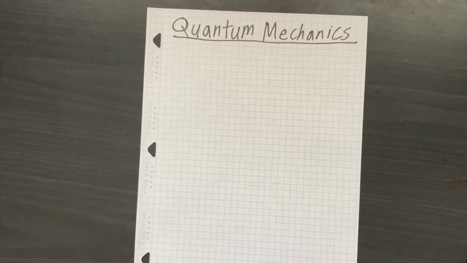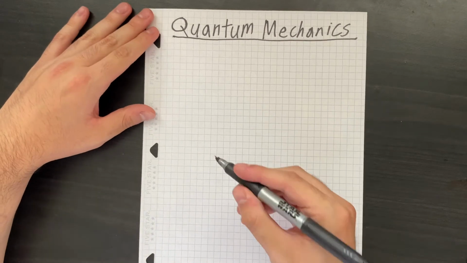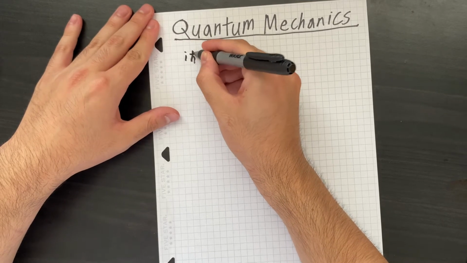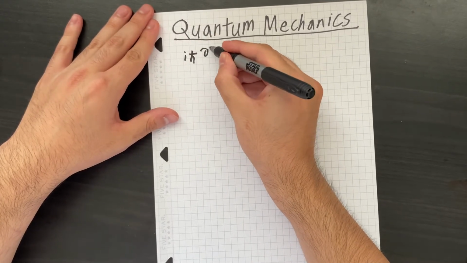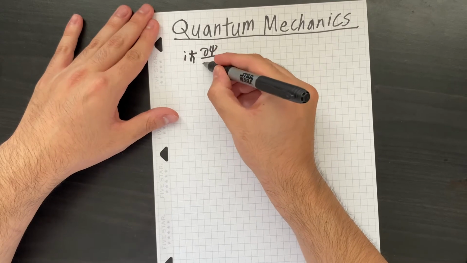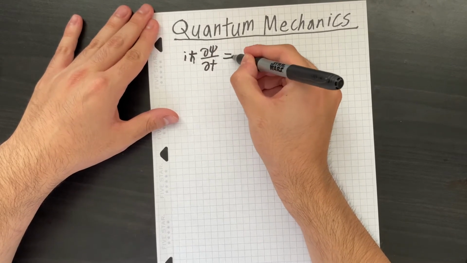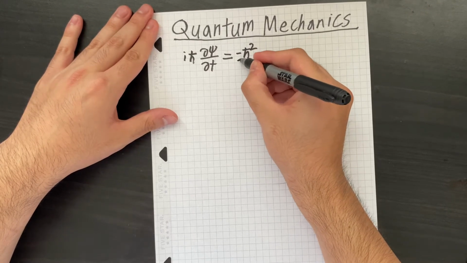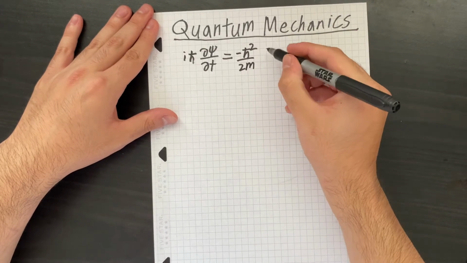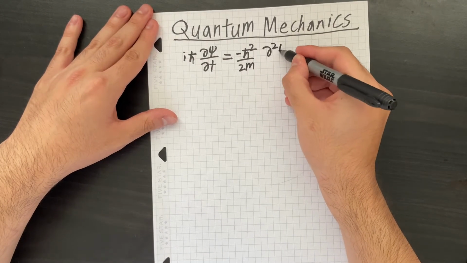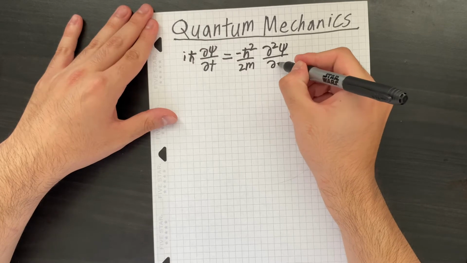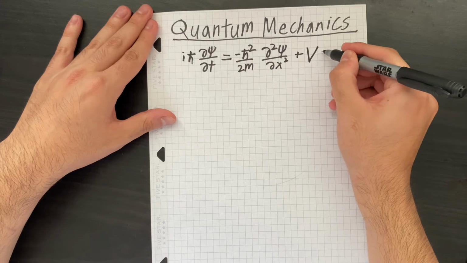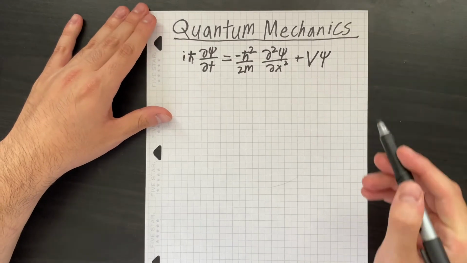The first thing that anyone learns in quantum mechanics is called the Schrödinger Equation, and it is i h bar partial derivative of psi with respect to time equals minus h bar squared divided by 2m times the second partial derivative of psi with respect to position, plus V times psi.